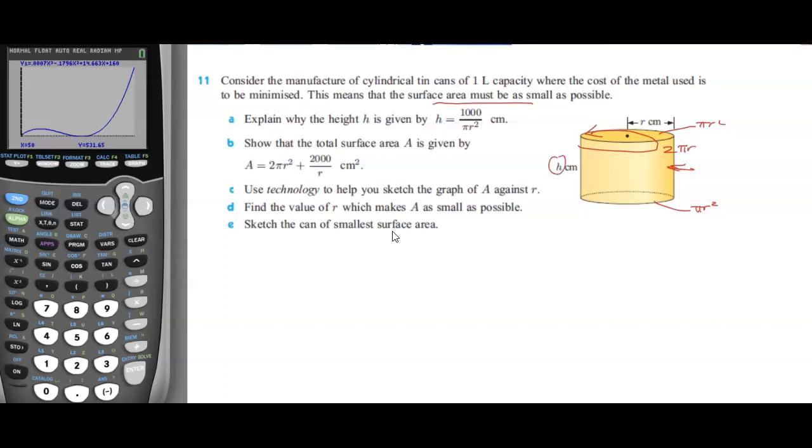So the surface area of this lateral piece is going to be 2 pi r h. So we're going to add these three things together, and that would give us 2 pi r squared plus 2 pi r h, and that is the total surface area.